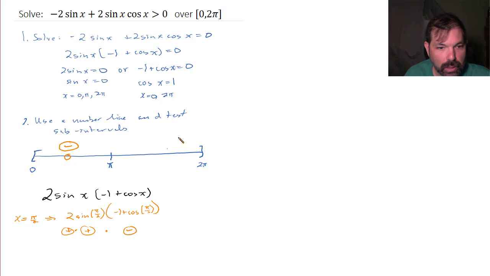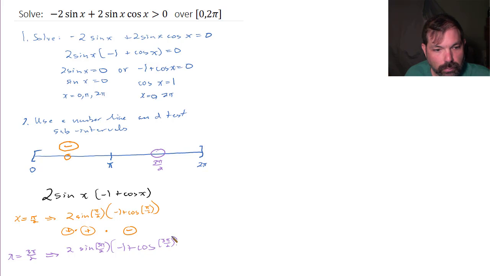Let's test a number between pi and 2 pi. I'll test 3 pi over 2. So testing x equals 3 pi over 2, I'd have 2 sine 3 pi over 2 times negative 1 plus the cosine of 3 pi over 2.